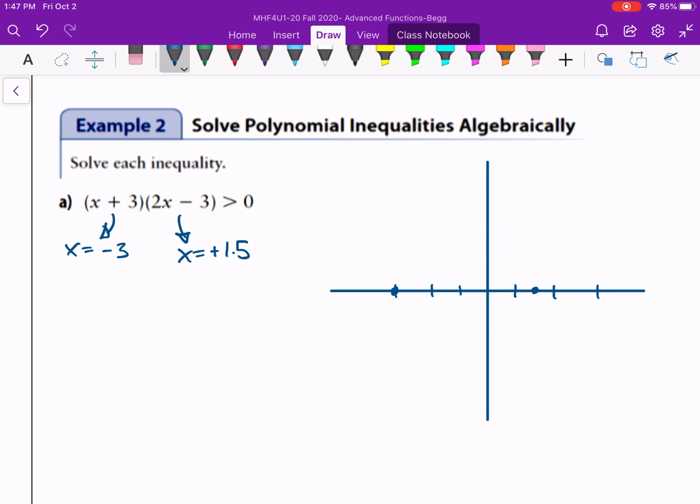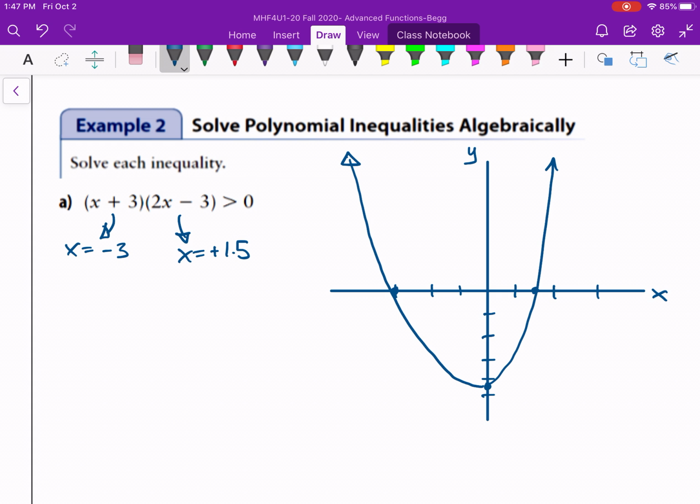I guess I could get the y-intercept easily if I just put 0 in for x. So 3 times -3 would give -9. Let's just mark that on here. Say that that's -9 there. And here's a rough sketch.